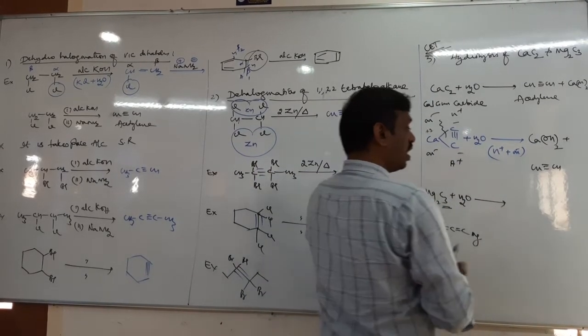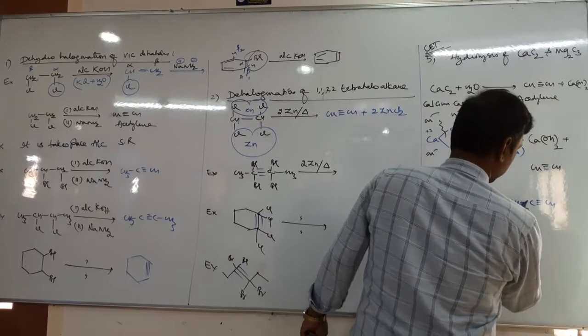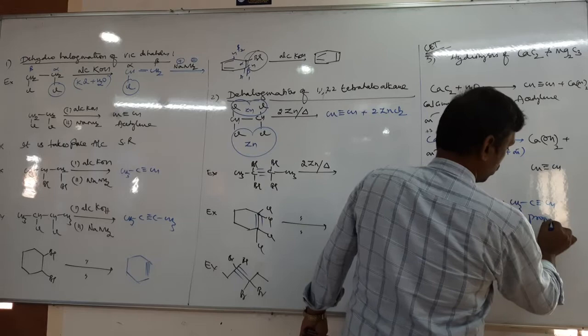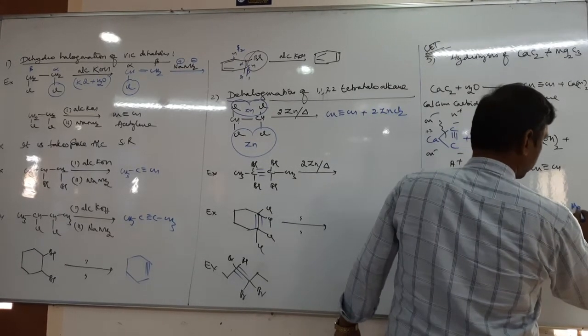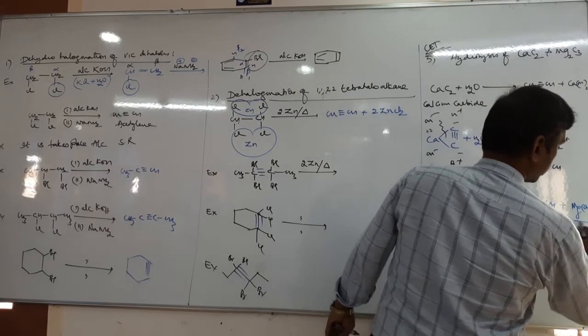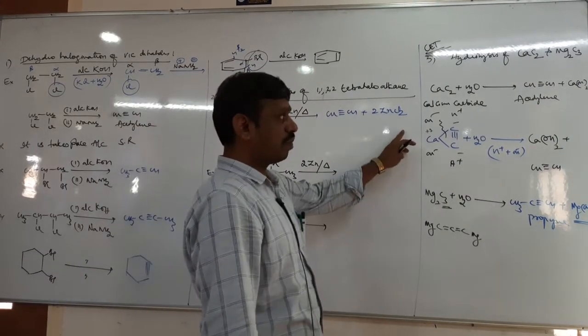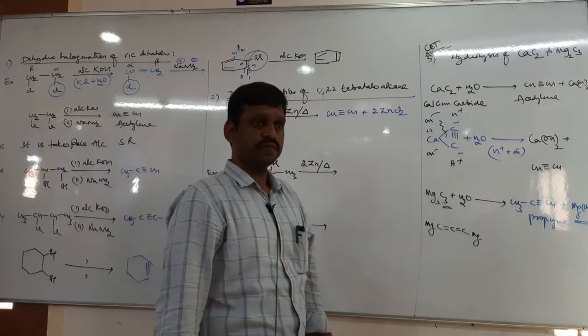So the 3 carbon alkyne is propyne. So therefore it gives propyne, and there are 2 magnesium, you will get magnesium hydroxide. So calcium carbide gives acetylene, magnesium carbide gives propyne.